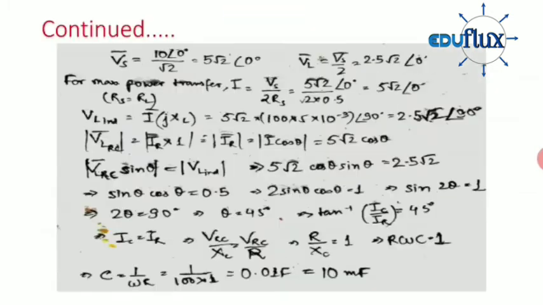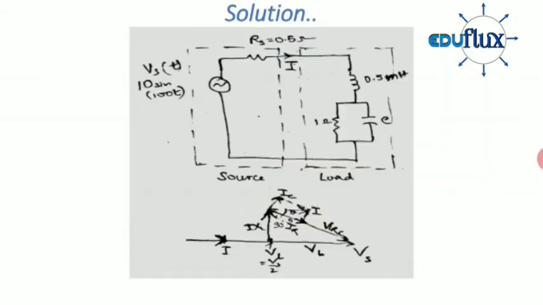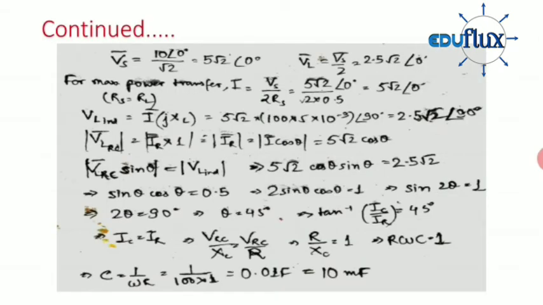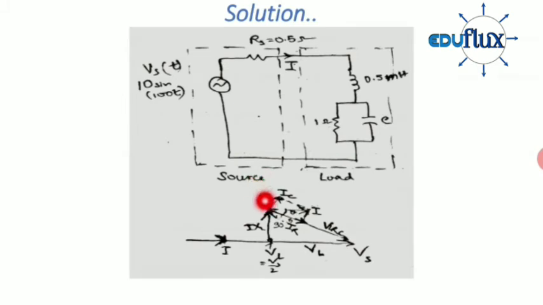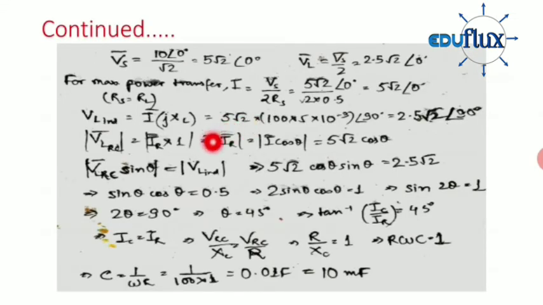Now from this phasor diagram, or from the circuit, it can be seen that VLRC will be the current through the resistor IR times 1, that is the same in value as IR. And from the phasor it can be seen that this phasor IR is nothing but I times cos theta. So IR equal to I cos theta equal to 5 root 2, obtained here, times cos theta.